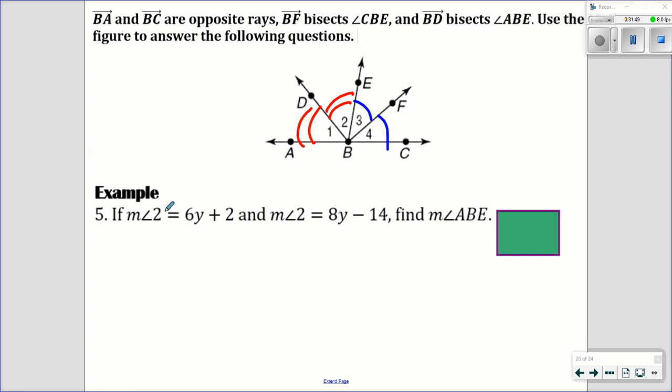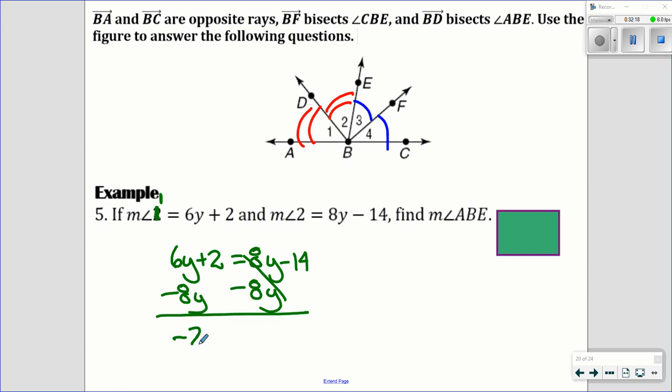Oh, angle 1, this is supposed to be angle 1. Angle 1 is 6y plus 2, and angle 2 is 8y minus 14. Find angle ABE. So they're equal. We're going to set them equal to each other. And then we're going to solve for y first.